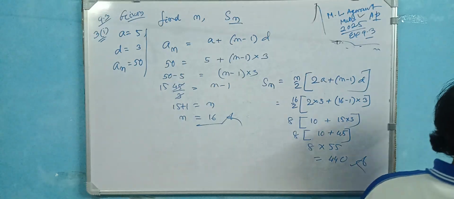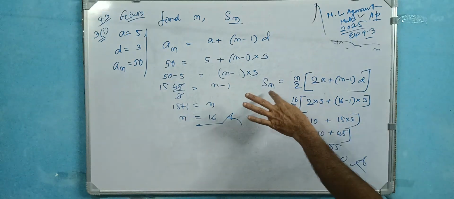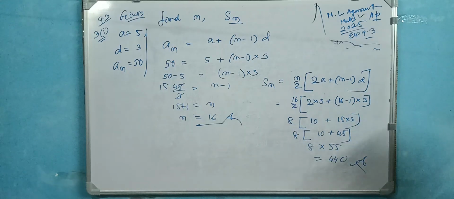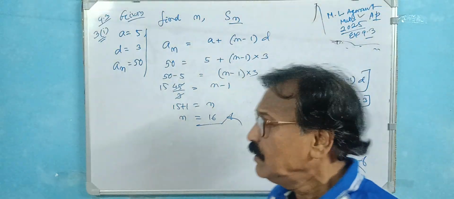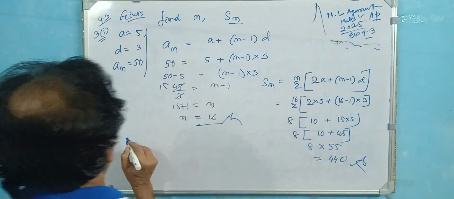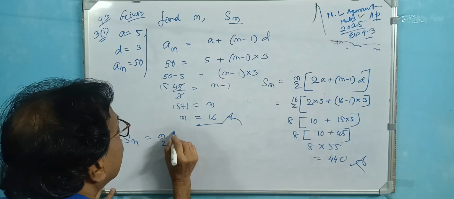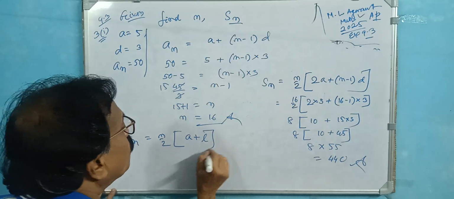In this way, you know n, you know a, you know d. Clear? There is one more way I can calculate this: Sn is equal to n by 2 bracket a plus l. Do you solve it this way or not?